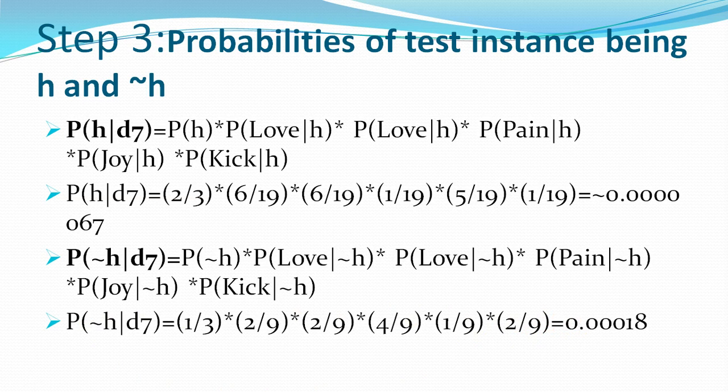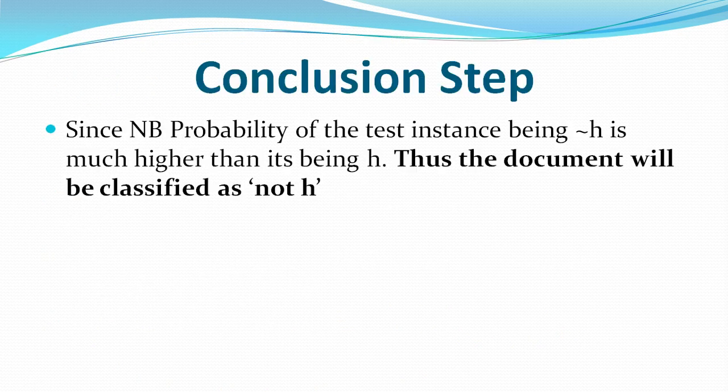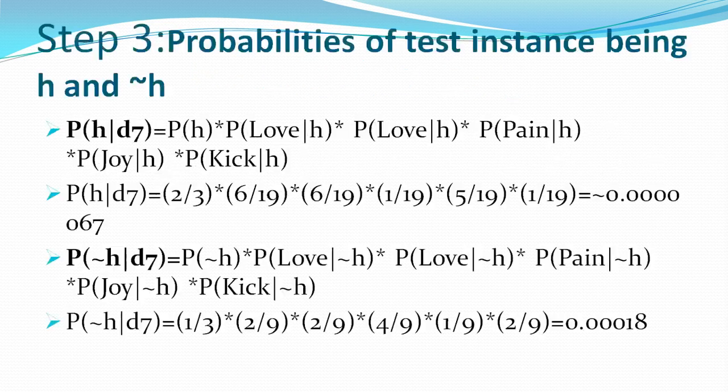Now that is the final step. In the final step, what happens? We know that since Naïve Bayes probability of the test instance being negation of H is much higher than it being H. See the value here, the negation of H value. So the test data being in negation of H, the value is 0.0018.